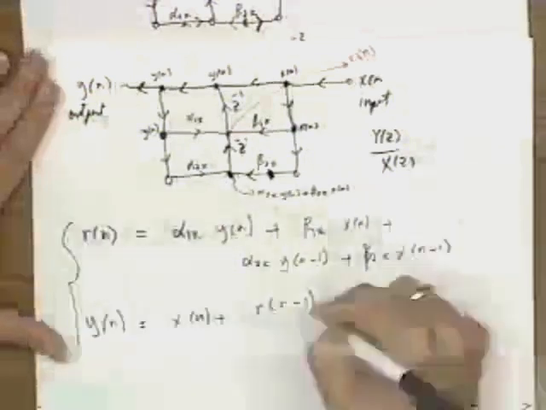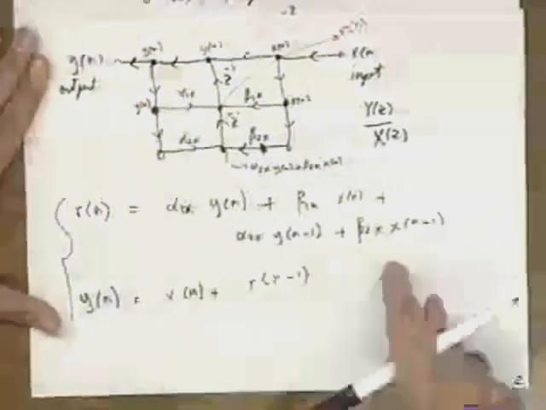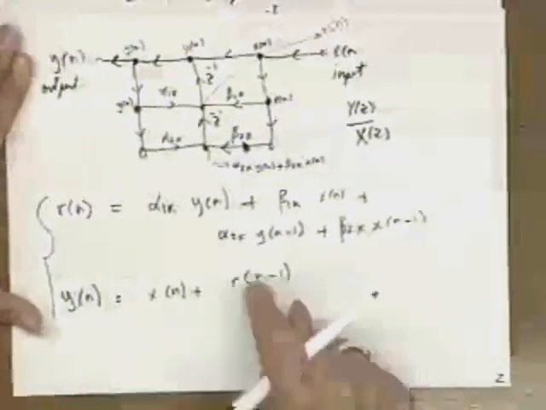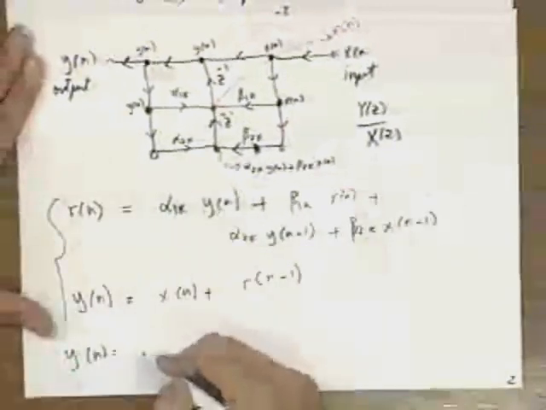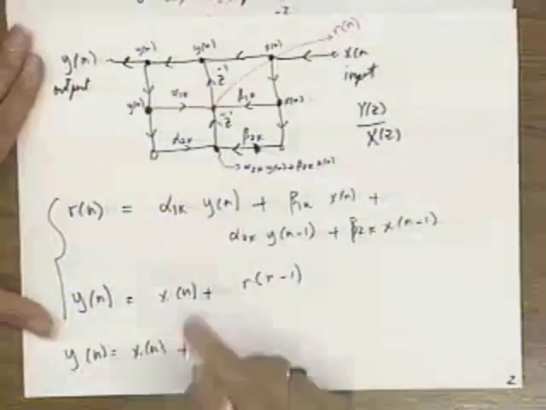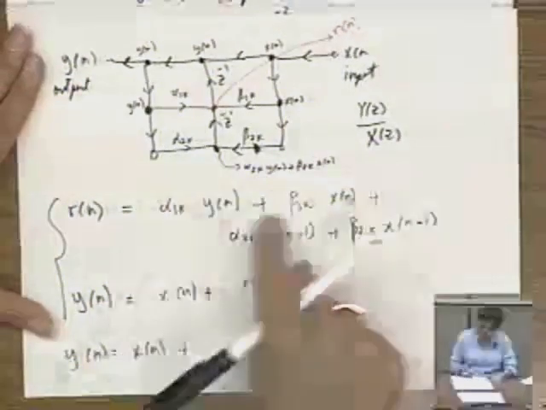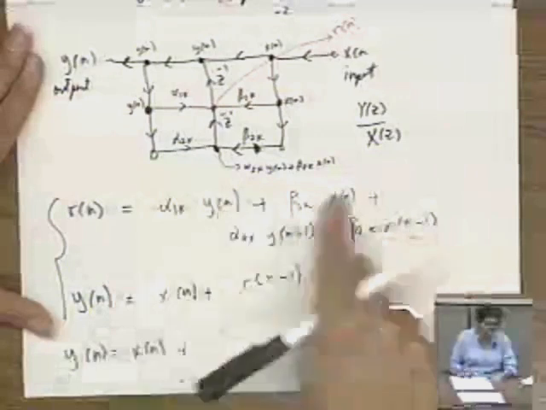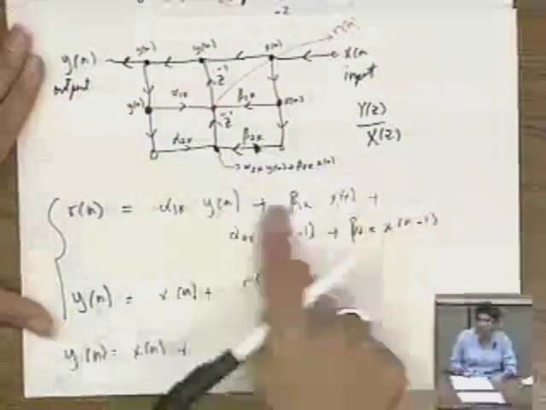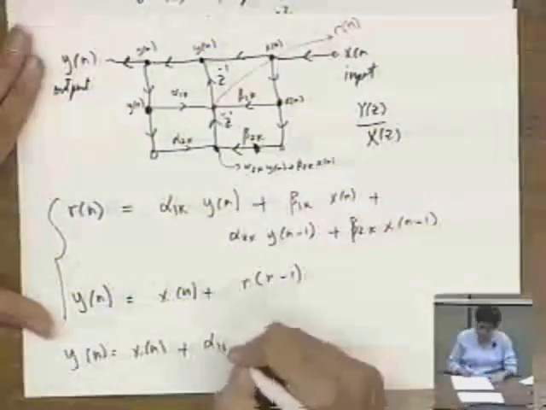So these are the two equations we're going to use. We're going to combine these two things now to relate y of n to x of n. The way we do it is we replace this r of n minus 1 with this equation here. So what we get is y of n is equal to x of n plus, now r of n minus 1 is this right-hand side here, but with all the n's replaced with n minus 1.